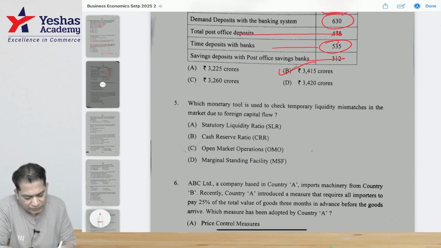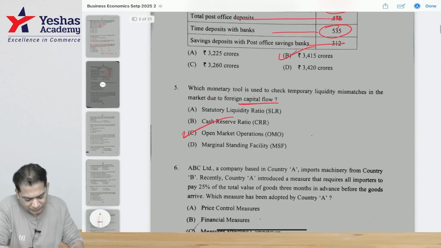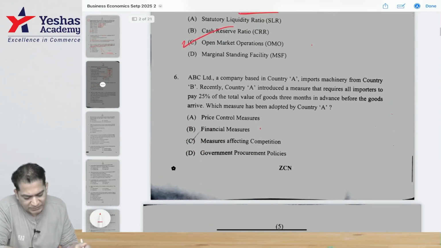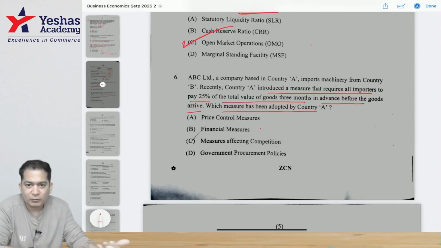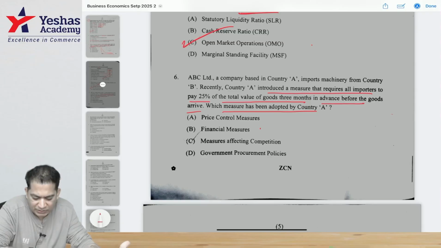Which monetary tool is used to check temporary liquidity mismatch due to foreign capital inflow? It is usually open market operation. Now, ABC Limited, a country A based company, imports machinery from country B. Recently, country A introduced a measure that requires all importers to pay 25% of the total value 3 months in advance before the goods arrive. Which measure has been adopted? I've told you, this is a financial measure, all right?